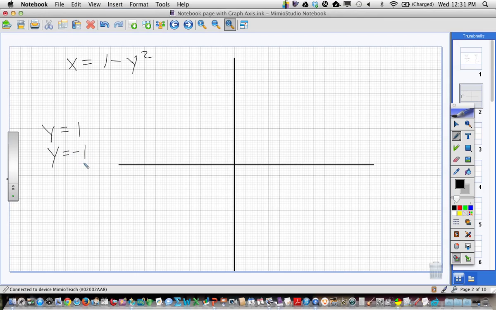No, the original region, the original region back in figure 4. It was y equals 1, y equals negative 1. It was x equals 1 minus y squared, and it was x equals y plus 2. These were the 4 regions back on page 415. So that's the original region.